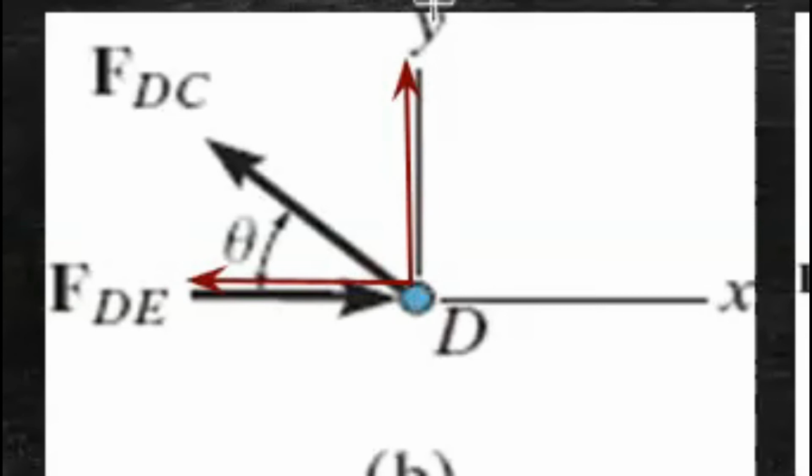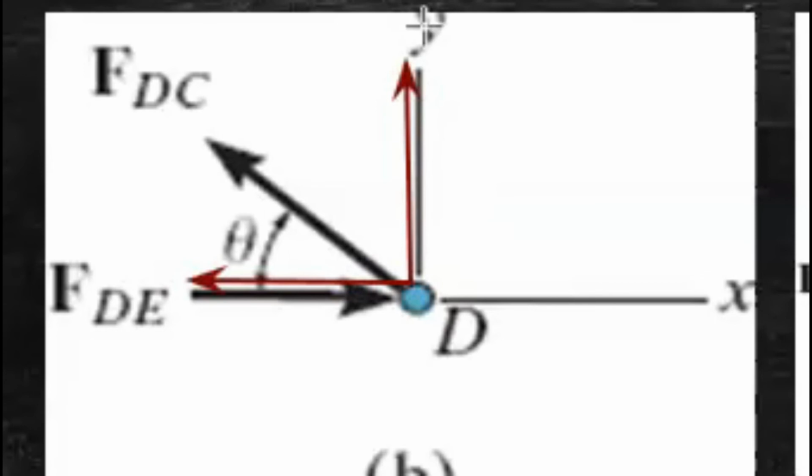Now, if we apply sum of Fy equals to 0 in this particular figure, what will happen? As there is no other force other than FDC sin theta in the vertical direction, ultimately, in order to maintain equilibrium, this FDC sin theta should be equal to 0.